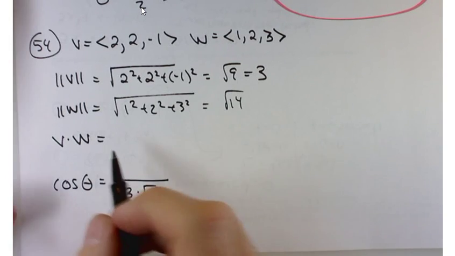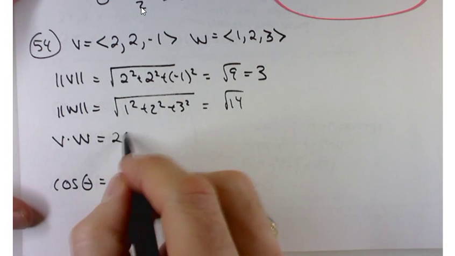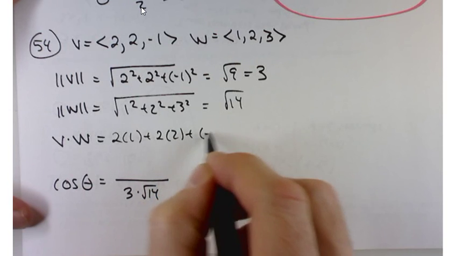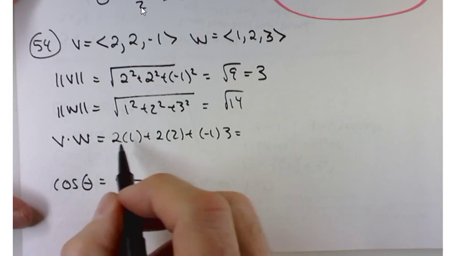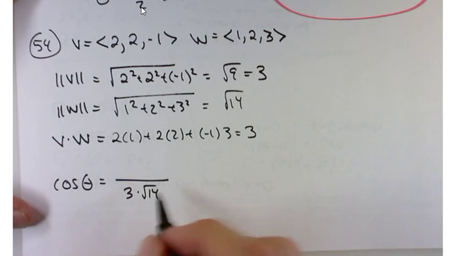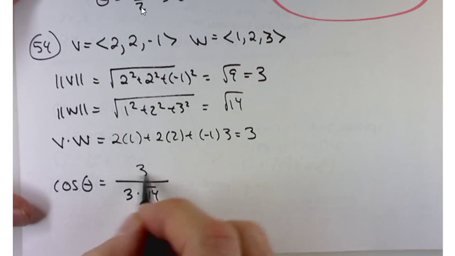Okay, so v dot w is going to be 2 times 1 plus 2 times 2 plus negative 1 times 3: 2, 6, 3, for a total there. So putting that into our formula, v dot w is going to be 3.